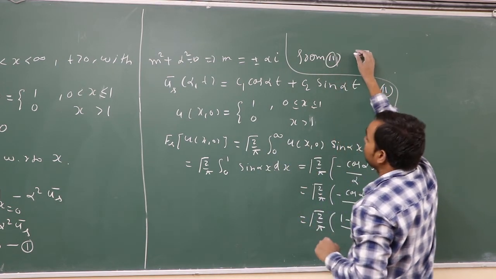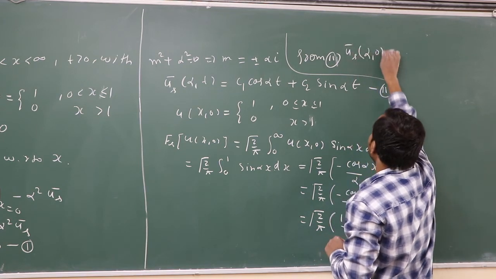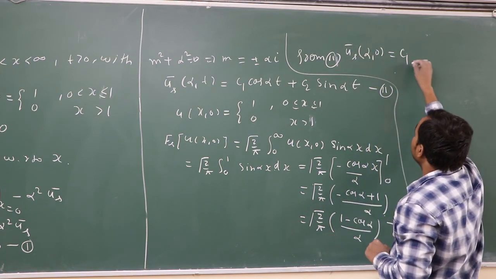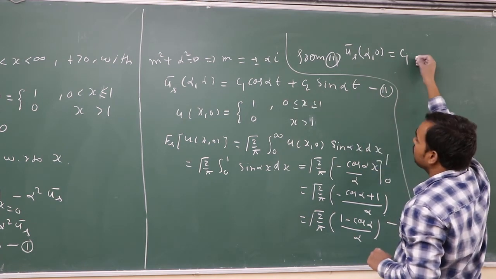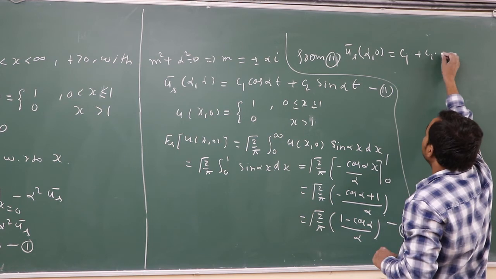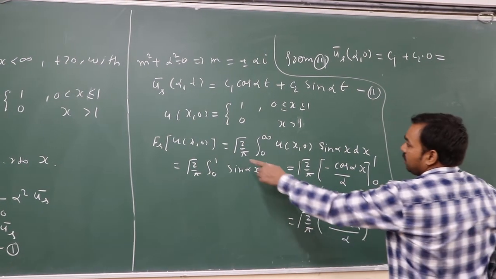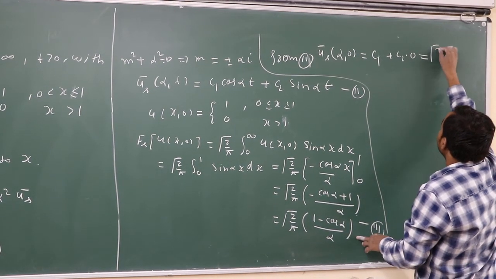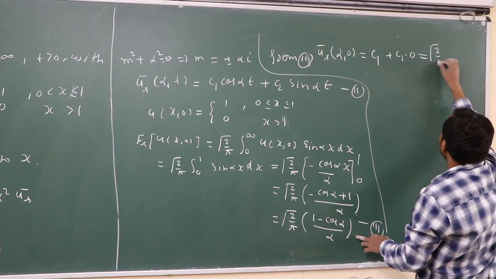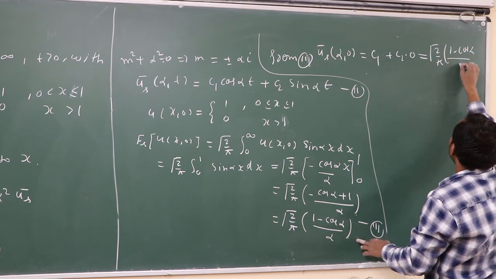From 2, we get u s bar alpha 0 equal to c1 cos 0, that is 1, plus c2 into 0, which at t equal to 0 is equal to under root 2 upon pi, 1 minus cos alpha upon alpha.